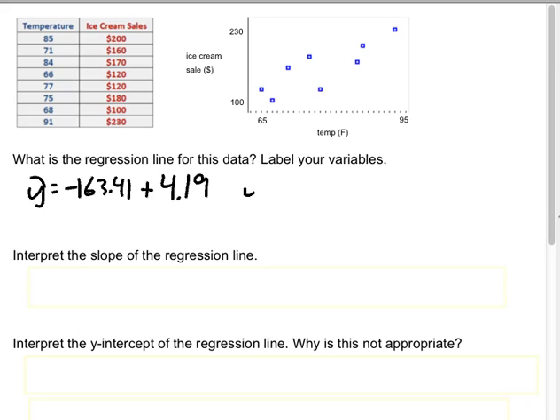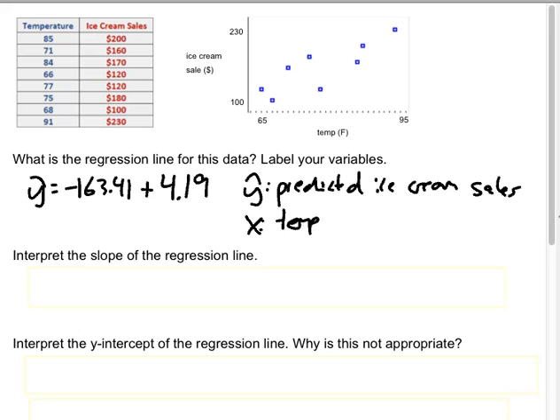So here y is going to be the predicted ice cream sales. And x is my temperature. So my explanatory variable is x. I'm using the temperature to describe the response variable of my ice cream sales. Oh, sorry, I forgot my x there.